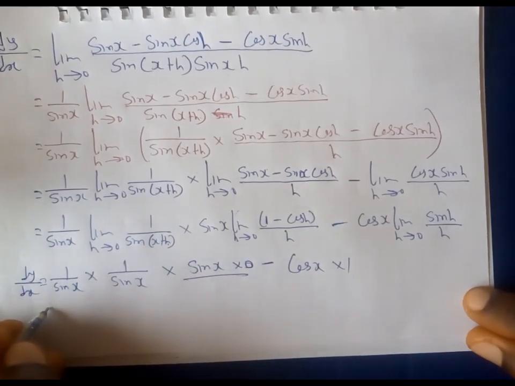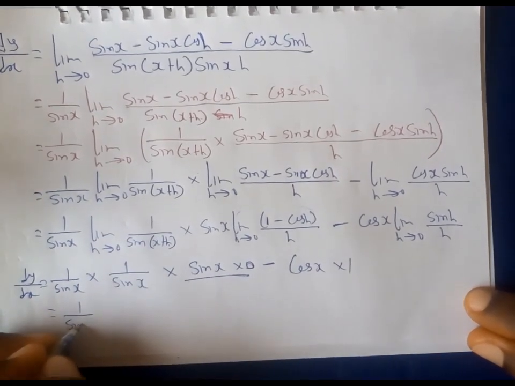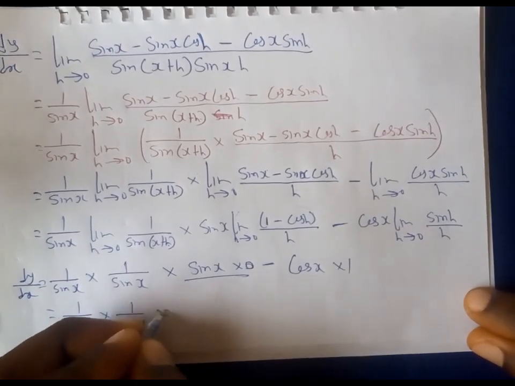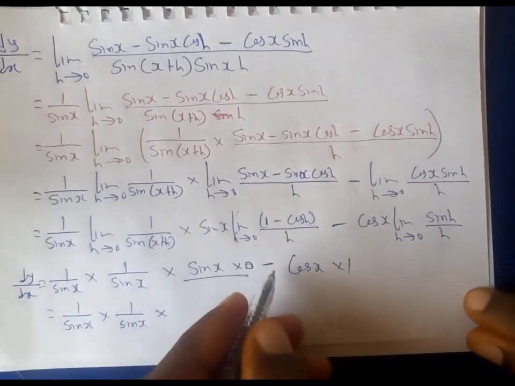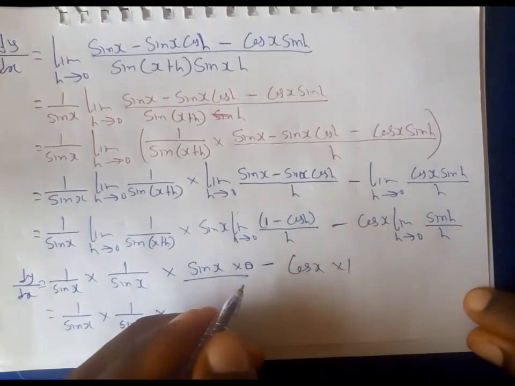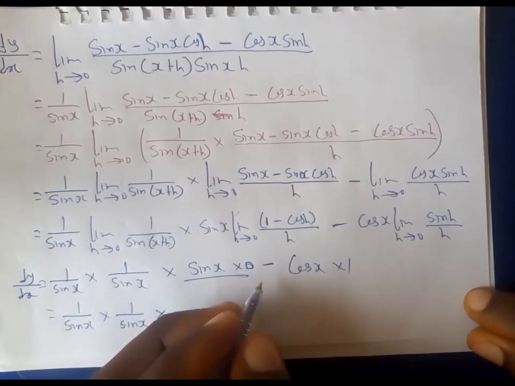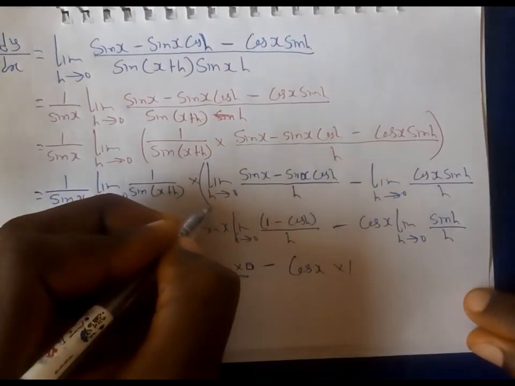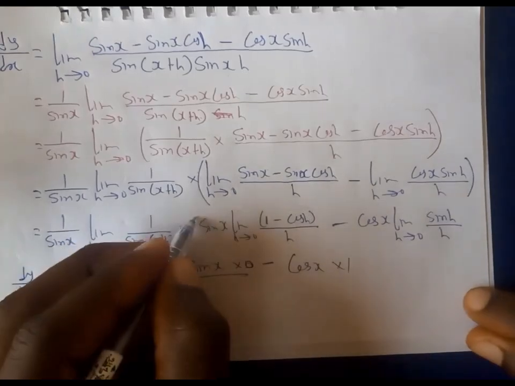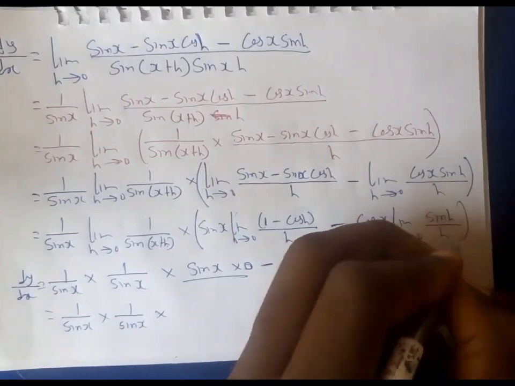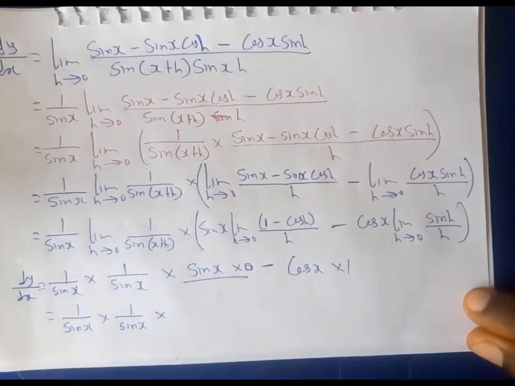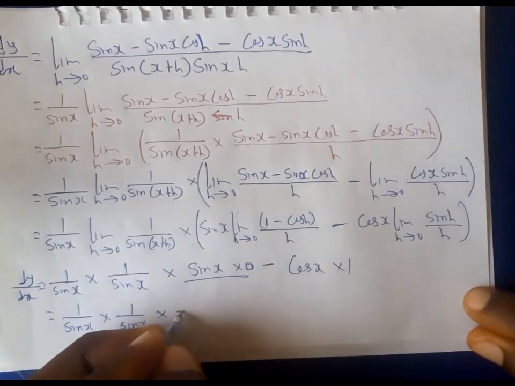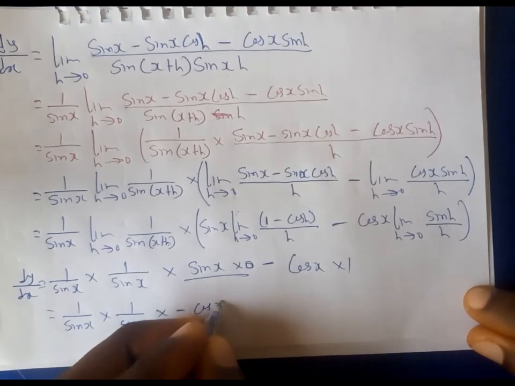We have dy/dx equals 1 over sin x times 1 over sin x times this product, because they are still multiplying themselves. It's not just this one alone, it's multiplying this one as well, so it's just as if I'm having times negative cos x.